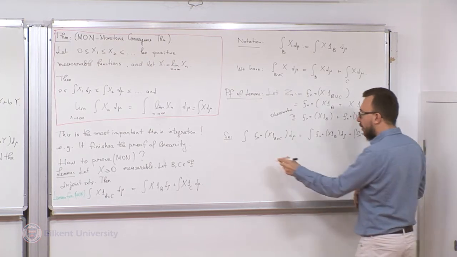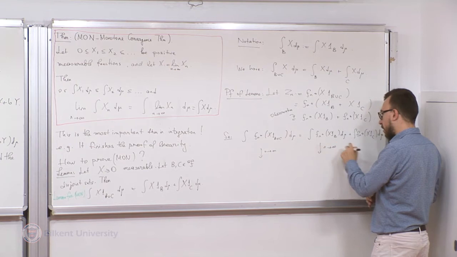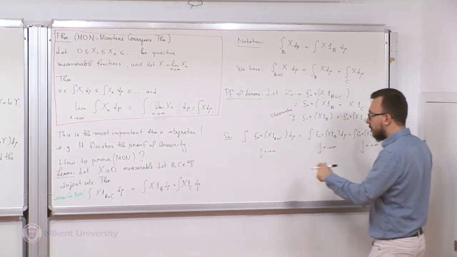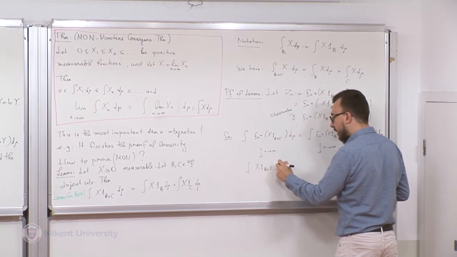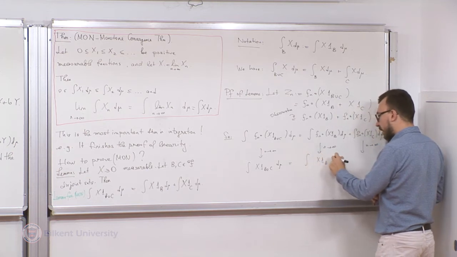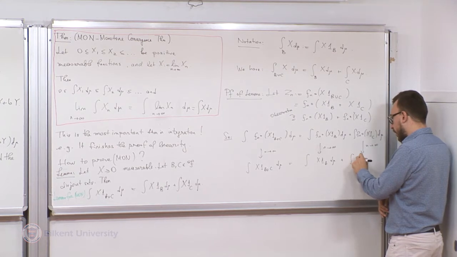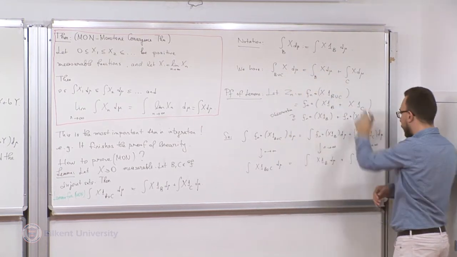And if you let n go to infinity, this is going to converge to the integral of x indicator B union C. And this is going to converge to the integral of x indicator B and x indicator C dμ. Or you can write it this way as well.